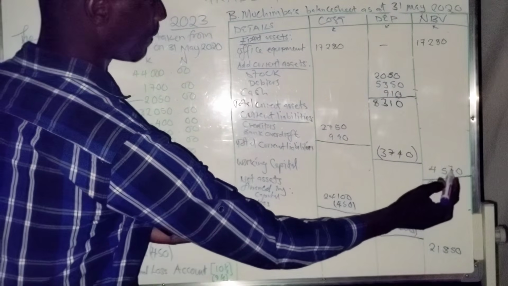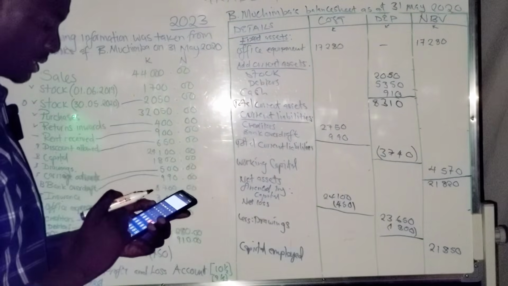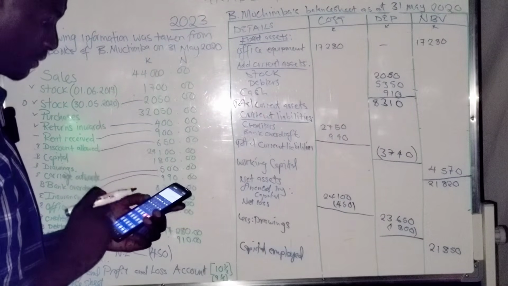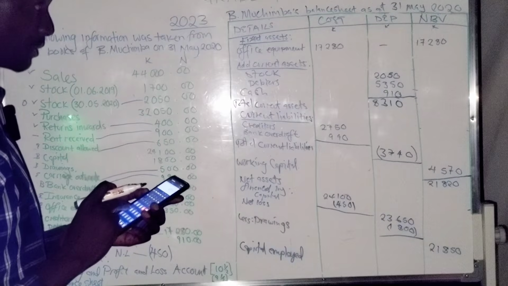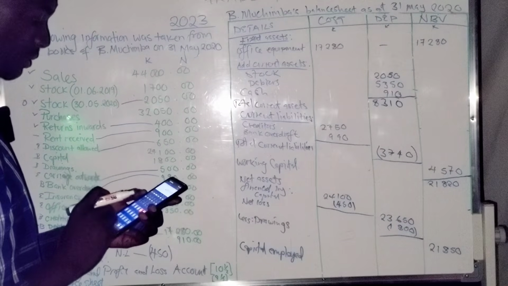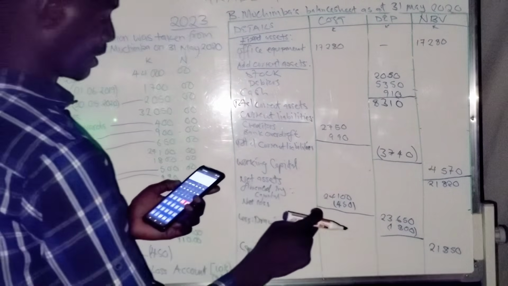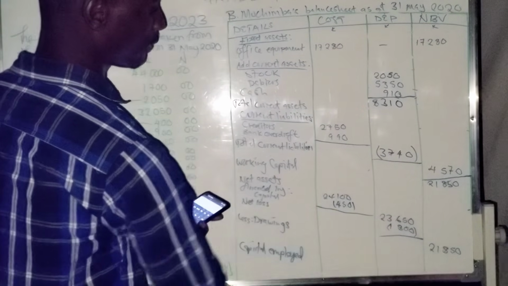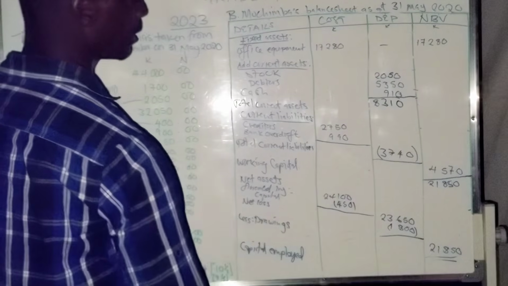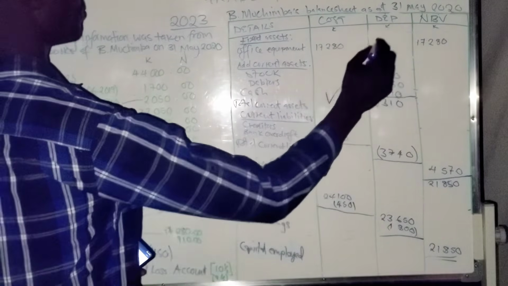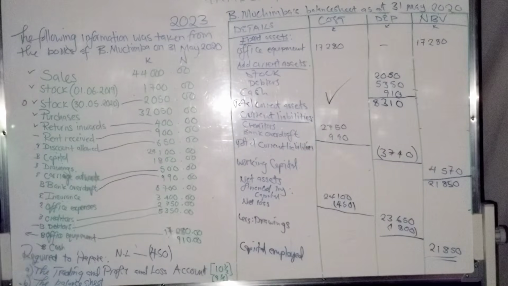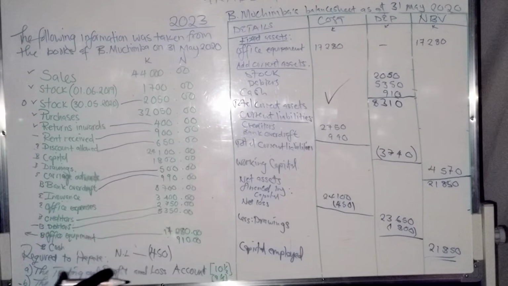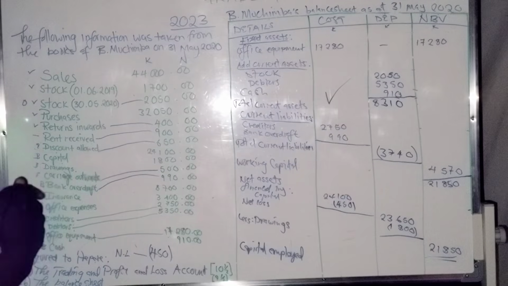Okay. All right. So when you add that one to the total fixed assets, 17,280, we are going to have 21,850 here, which is the same as this one. So meaning our balance sheet has balanced, okay? Meaning everything we've done is correct. That's when you can get 20 marks and everything.